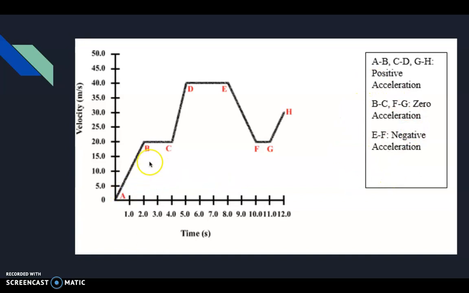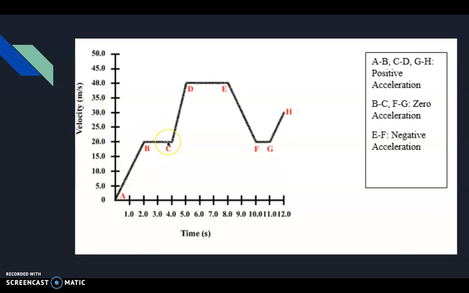So between A and B, since we have velocity on our y-axis, these positive slopes let us know that the object is speeding up. Positive acceleration here as well as here. Now, these are no slope, but also remember we have velocity on our y-axis, so we're not gaining or losing speed.